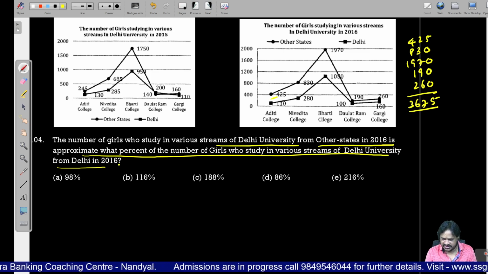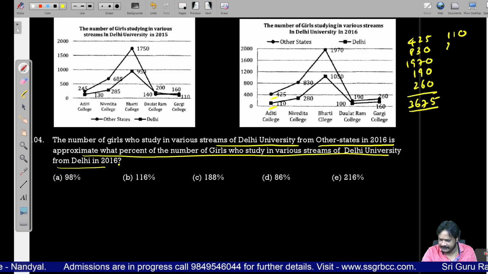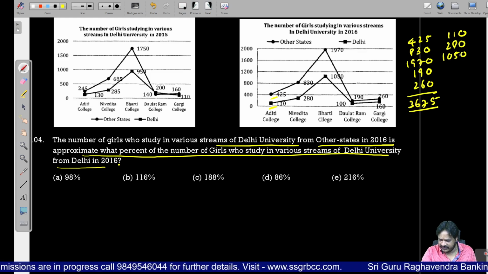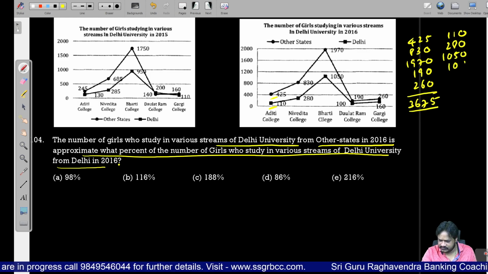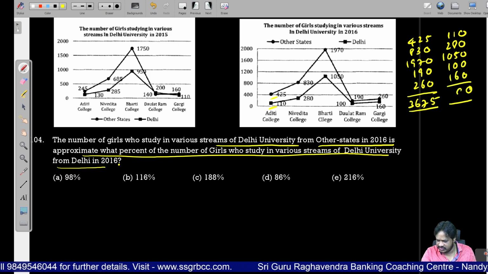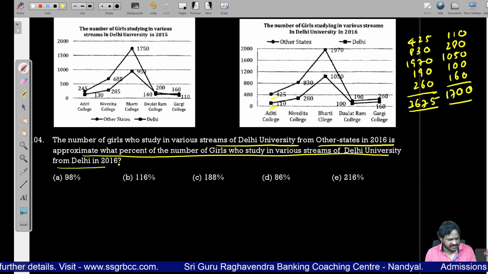It is approximately what percent of girls who study in various streams of Delhi University from Delhi in 2016. So Delhi means the square values. There is 110, 280, 1050, 100 and 160. The total is 1700.